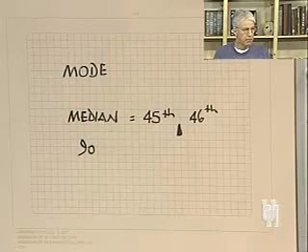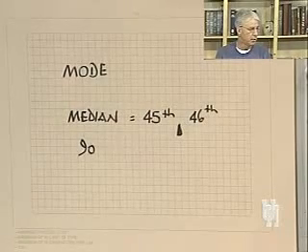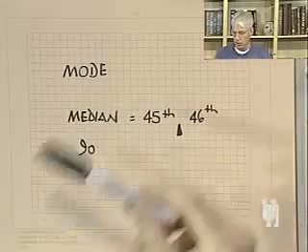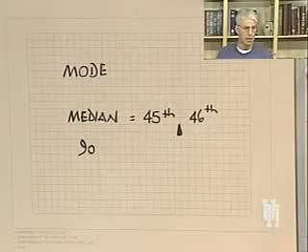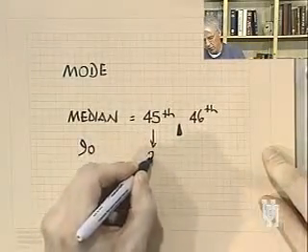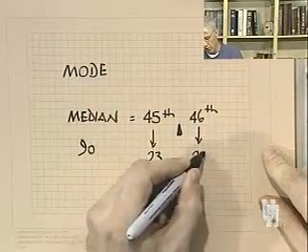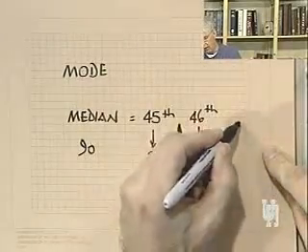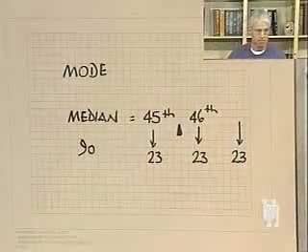If you go back to the frequency distributions that each of you generated for those 90 scores and search for the 45th and 46th highest, what you'll find is that the 45th highest score is 23, the 46th highest score is 23, and in fact the 47th highest score is 23.